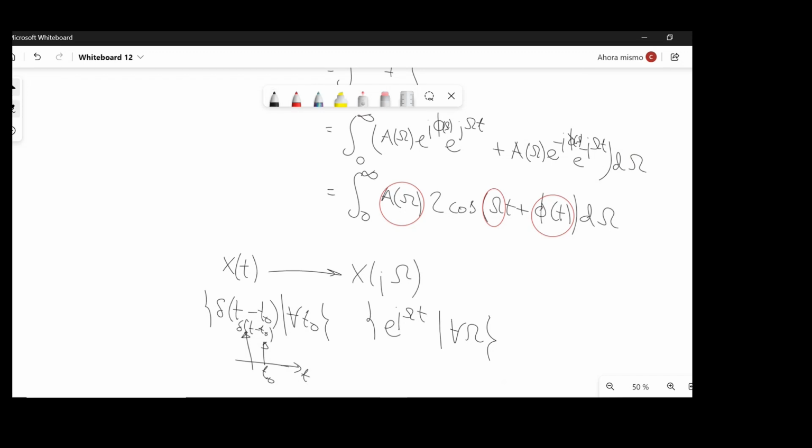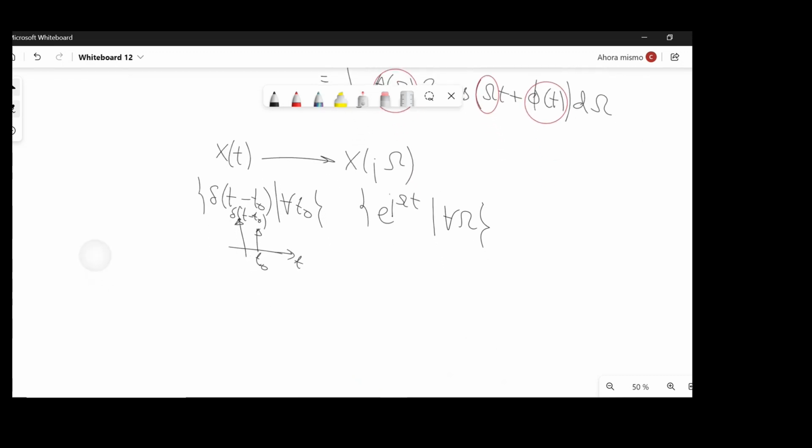Actually, if this is the main basis, I should be able to write this function as a sum of these kind of things. So x of t should be the integral, because we are going from minus infinity to infinity, for all the deltas.